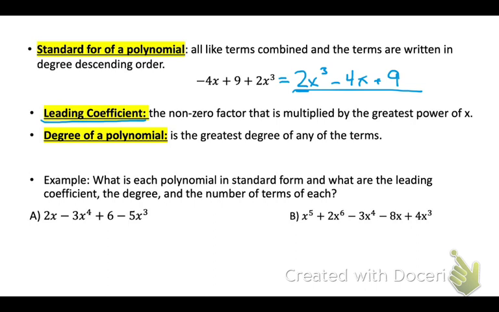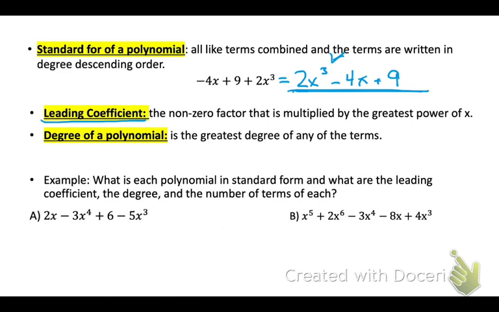Yeah, it's a third degree, so it's cubic. How many terms are in this polynomial? 3. So you need to be able to put it in standard form, tell me the leading coefficient, all that kind of stuff. Okay, so what is each polynomial in standard form? What is the leading coefficient, the degree, and the number of terms?